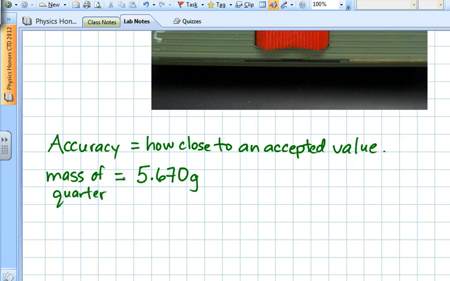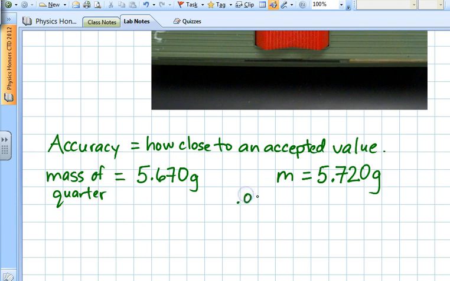And let's say that you have a balance in your class, or an electronic scale or whatever, and you toss a quarter on it and you measure the mass to be 5.720 grams. Well, that's pretty good. That's pretty close to the accepted value. And we could talk about how far away it is.